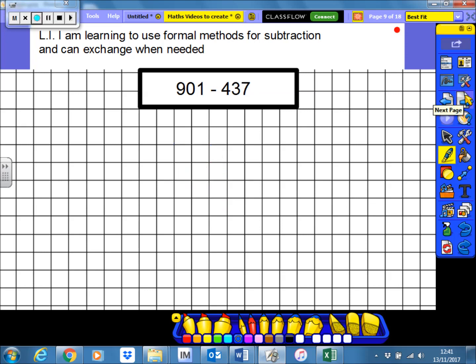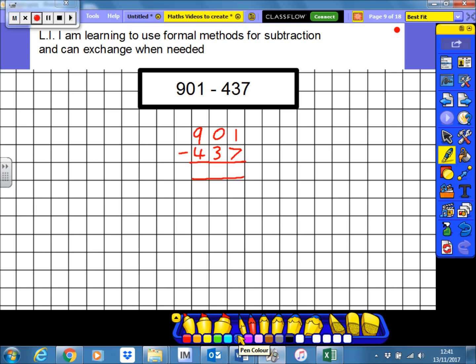Let's try one more, and in this case we're going to have to exchange quite differently. This one is a bit more of a challenge, but it is still possible. So 901 take away 437. Now, this is the point where you really have to focus.